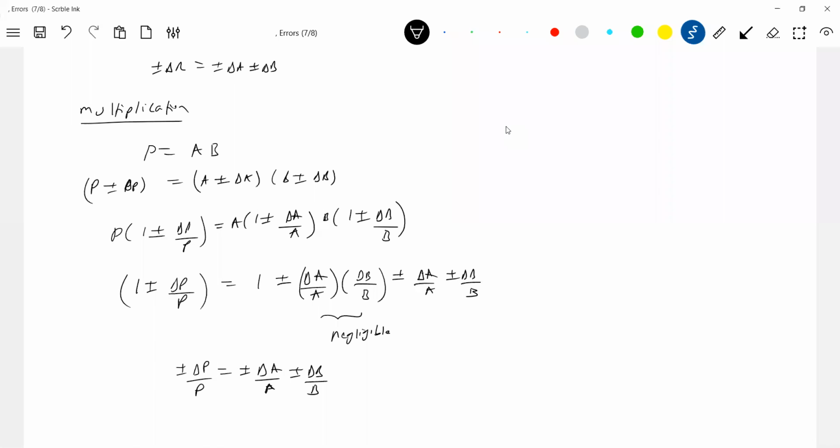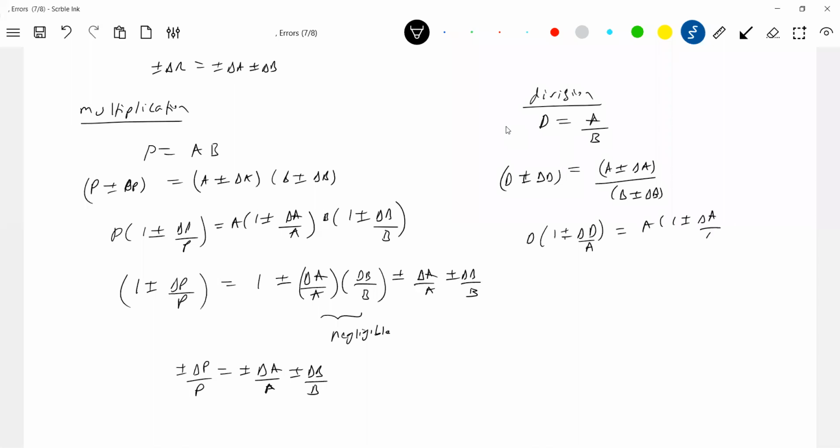Similarly, we'll do the division. The corresponding error in A will be A plus or minus delta A. The corresponding error in the division: D equal to A by B will get cancelled.